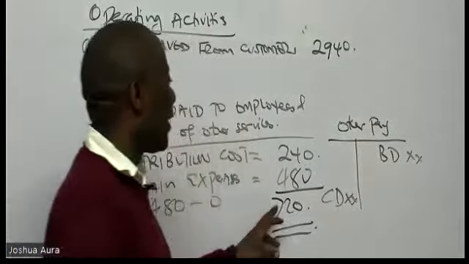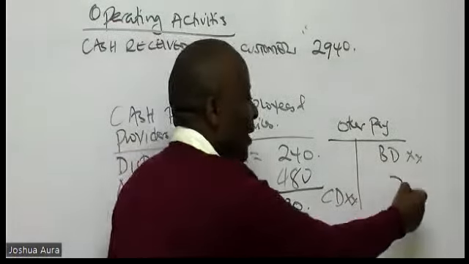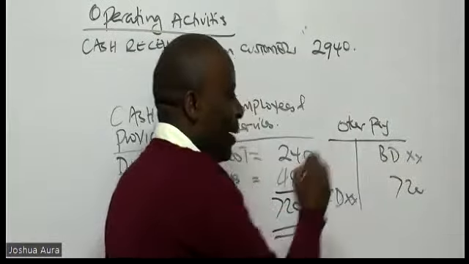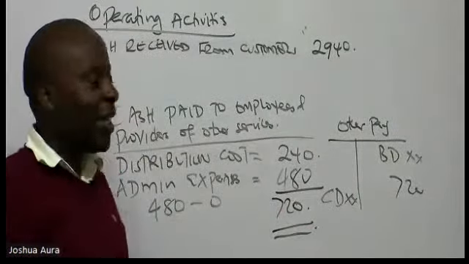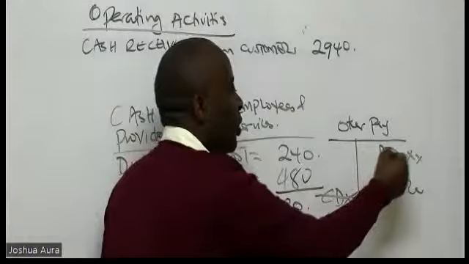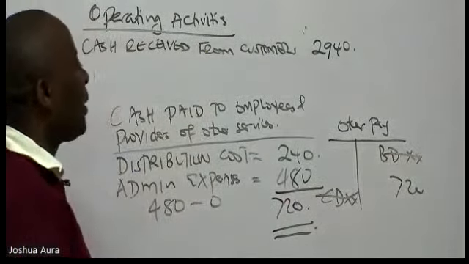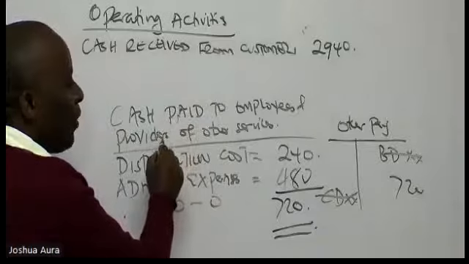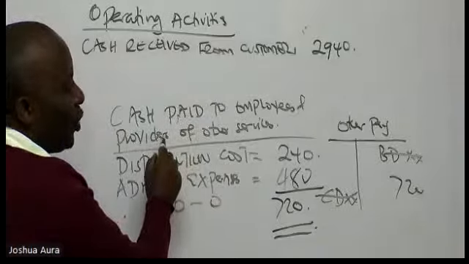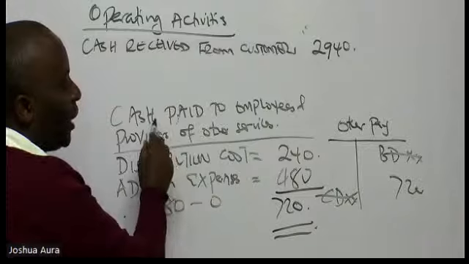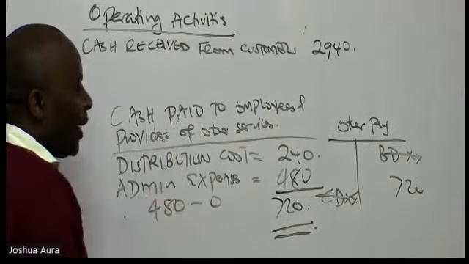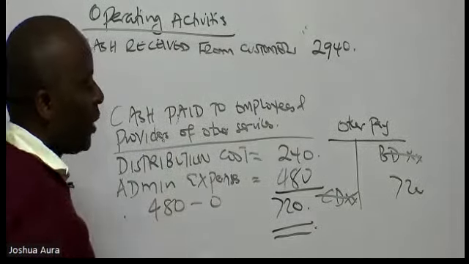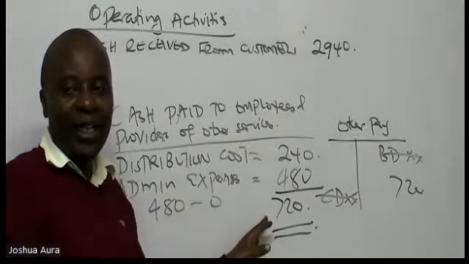And then whatever figure I have here, I bring it here, 720, and then I'll be able to get the balancing figure. Here I've got nothing, so this 720 automatically is the cash paid to employees and providers of other services. Cash paid to employees and providers of other services is 720. And that is it.